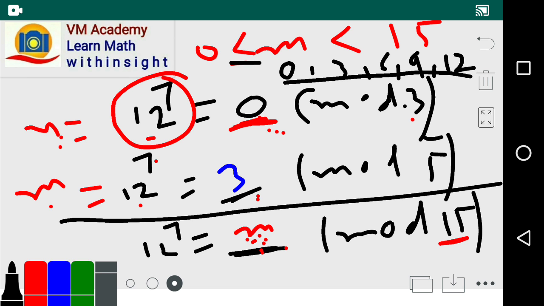And that is nothing but 3 itself, friends. See, 3 itself leaves remainder 3. Thus 12 raised to 7, m becomes 3, friends. In this manner we can easily calculate.